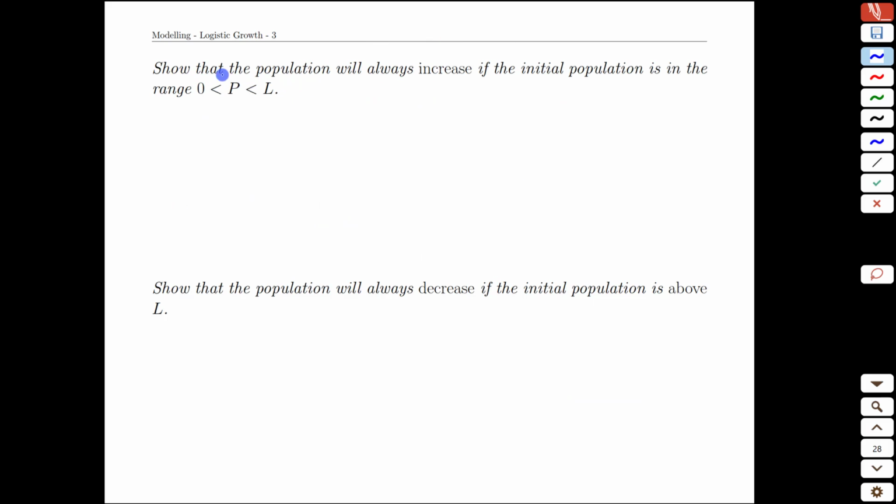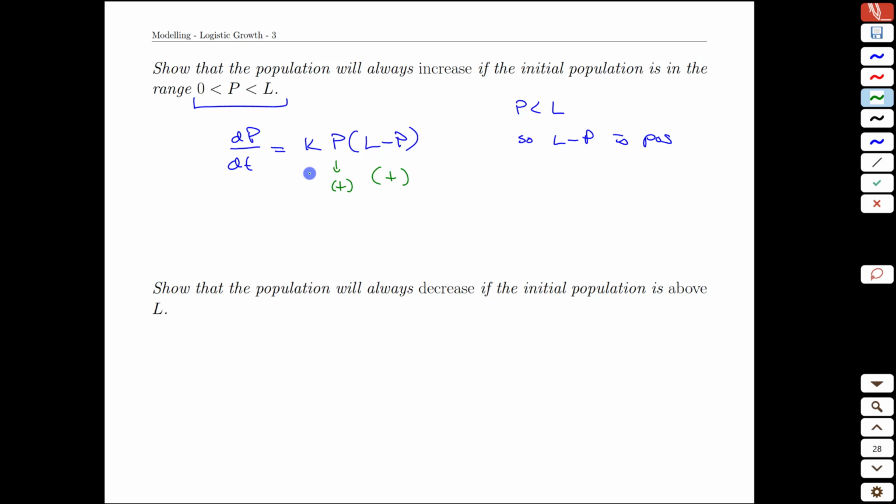What about in between though? If we look at populations between 0 and L, and we look at our differential equation, what can we predict from that? If P is between 0 and L, then P is less than L, that's the key thing. So L minus P, big minus small, is positive. If we look at all the ingredients, this term would be positive, this term is population, it's positive, and we'd have a positive constant here.